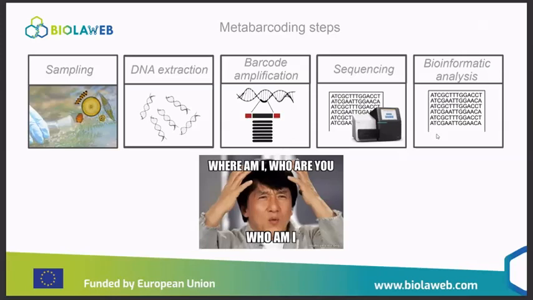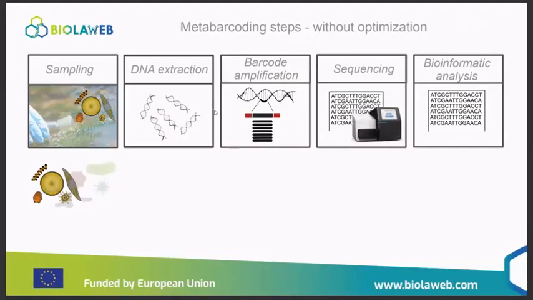So I hope you are not like this guy after these 2 hours of talks. I will finish my talk with this: each step can have an influence on your final results. For instance, when you sample phytoplankton in freshwater, you will also sample heterotrophic bacteria you are not interested in.